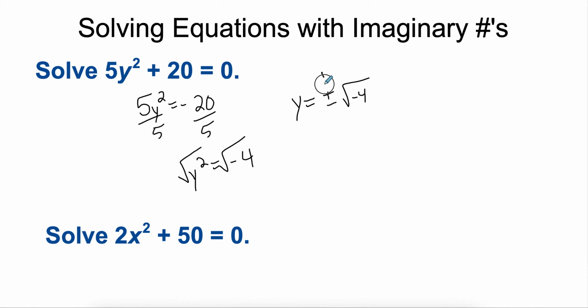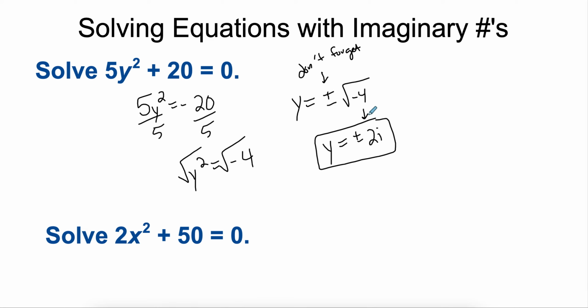So don't forget your plus or minus. Every time you use the property where you're square rooting things, you got to get yourself a plus or minus in there. Okay? And then we're just simplifying the negative 4 in the square root. So we get y equals plus or minus 2i. Since we have complex numbers, we can now do that.